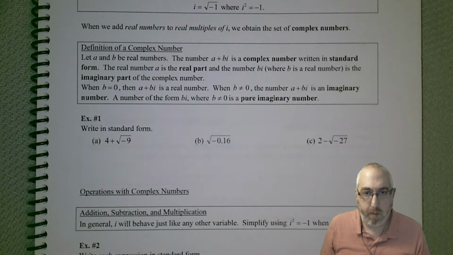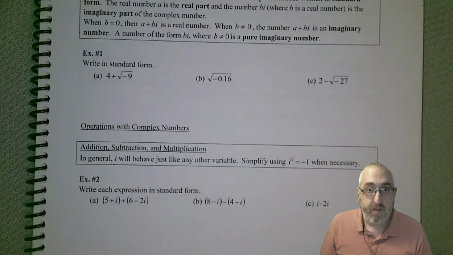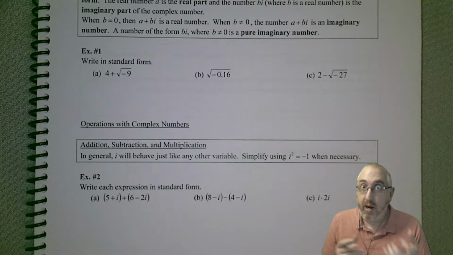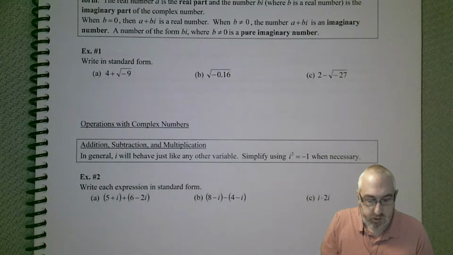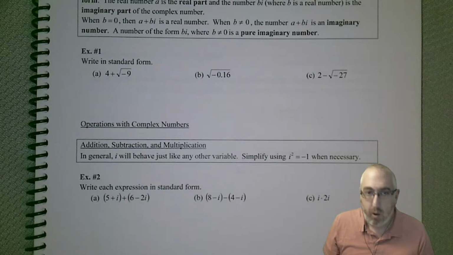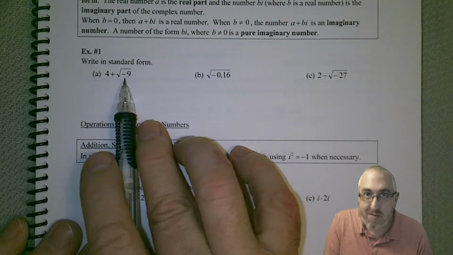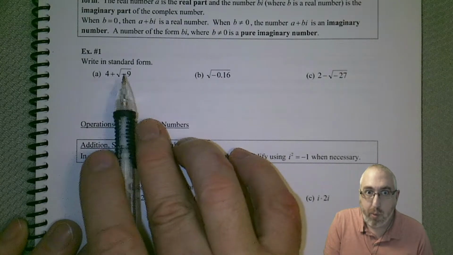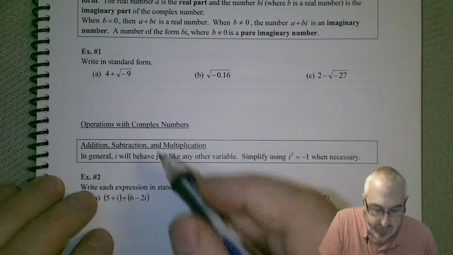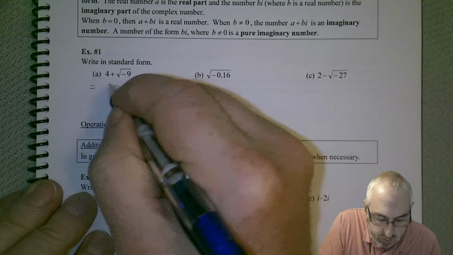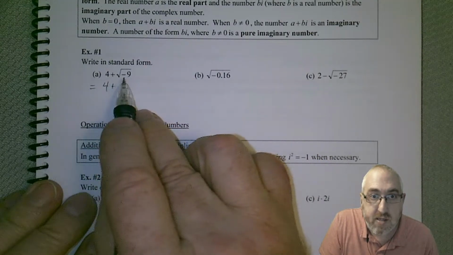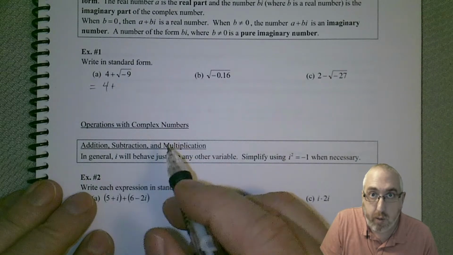So, standard form. All right, the first set of problems are just going to get you used to writing numbers in standard form. When we have something that looks like this, how do we rewrite it? Again, we don't like negatives underneath the square root, so we want to get rid of that. But let's do this really deliberately just to make sure you understand. The first thing you're going to want to do is break this apart into two square roots.